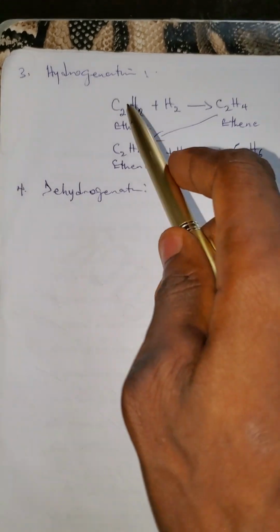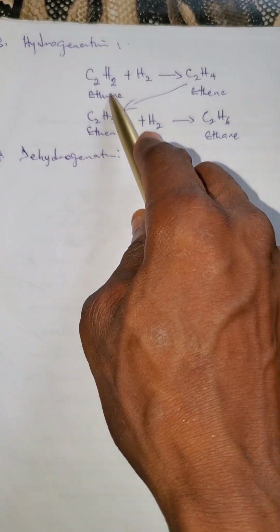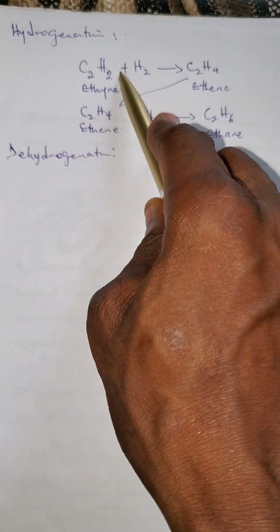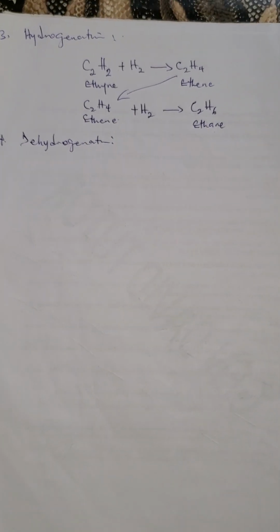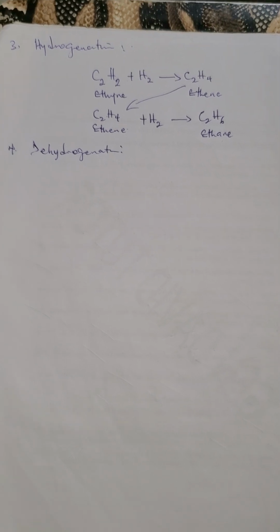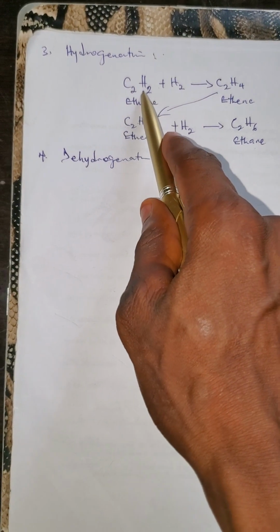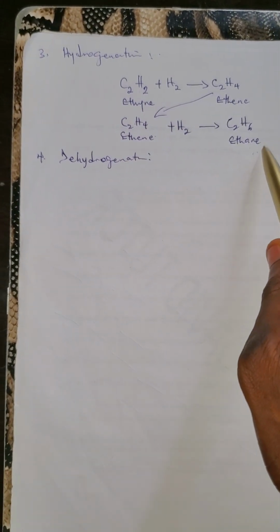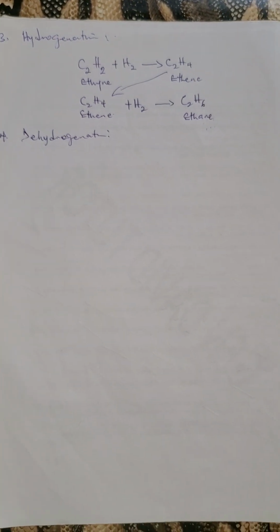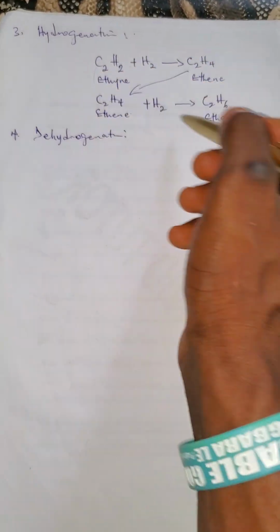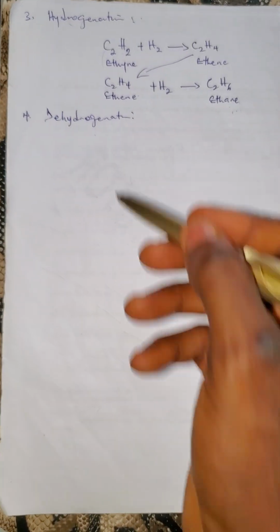Now they can ask you that hydrogenation of ethene gives what? Hydrogenation of ethene can give us ethane, but a CBT question can say complete hydrogenation of ethyne. If it's complete, that shows that complete hydrogenation of ethyne is coming to ethane.